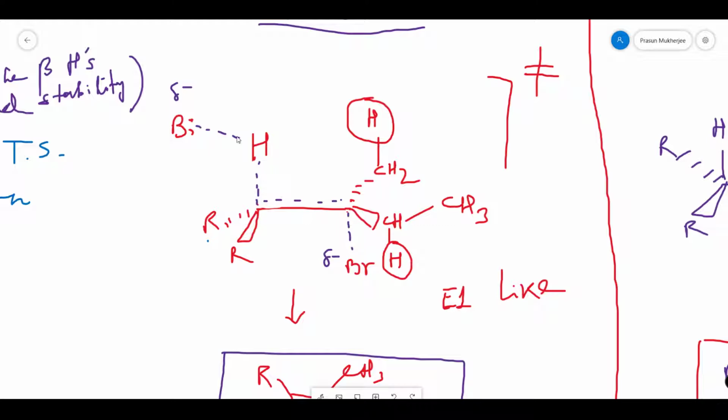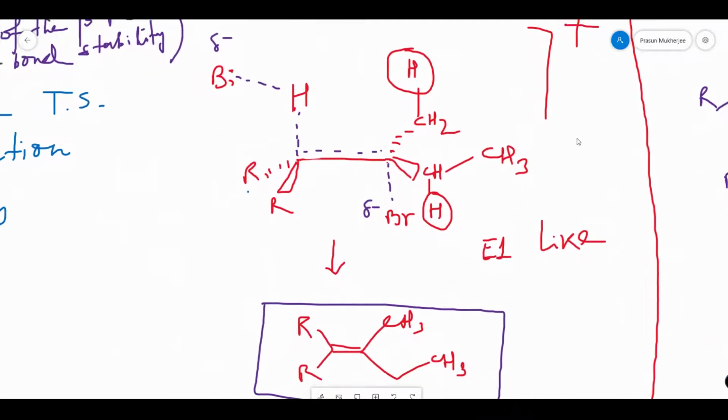So the transition state looks like this. This bond is trying to form, this bond is trying to break, the double bond is trying to form, and this carbon bromine bond is trying to break. So we can clearly see that a partial double bond character is developing in the transition state.